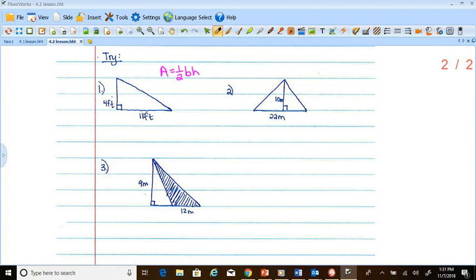So in this case, we're going to fill in our letters with the matching numbers. Okay, our base is an 11, our height is a 4. Okay, next up we are going to multiply the base and height together. And I know 11 times 4 is 44.